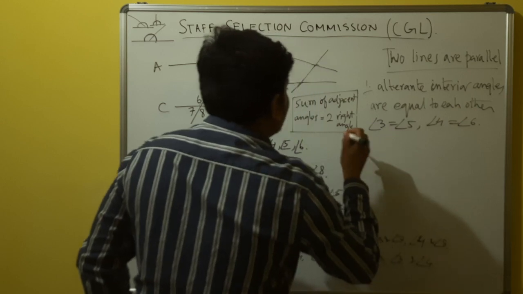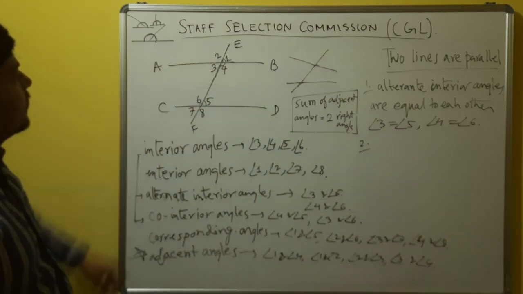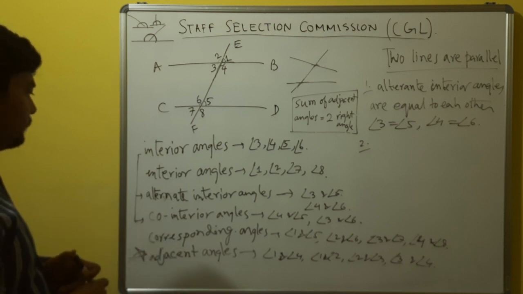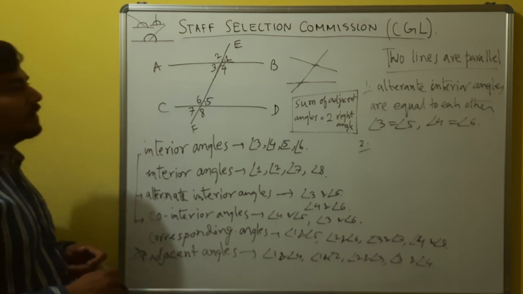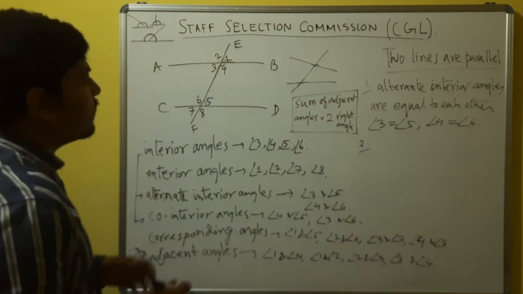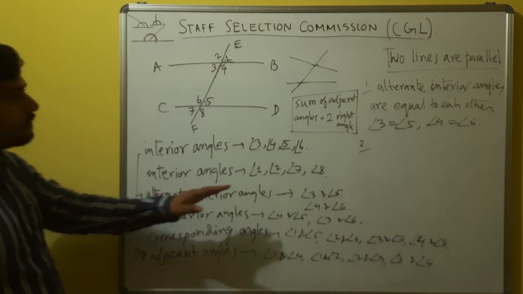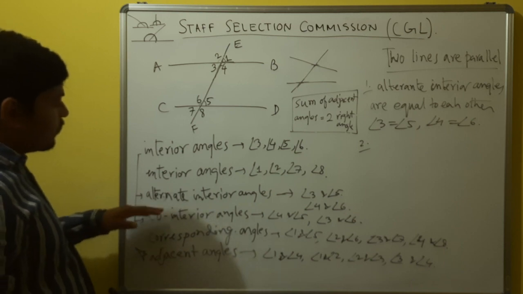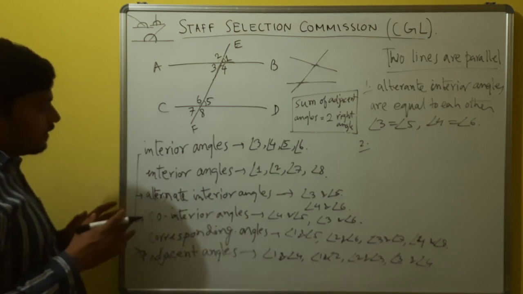Now point number 2. Co-interior angles 4, 5. The sum of co-interior angles equals 2 right angles. Like the sum of 2 adjacent angles, right? The sum of adjacent angles equals 2 right angles. Similarly, the sum of co-interior angles is 2 right angles.